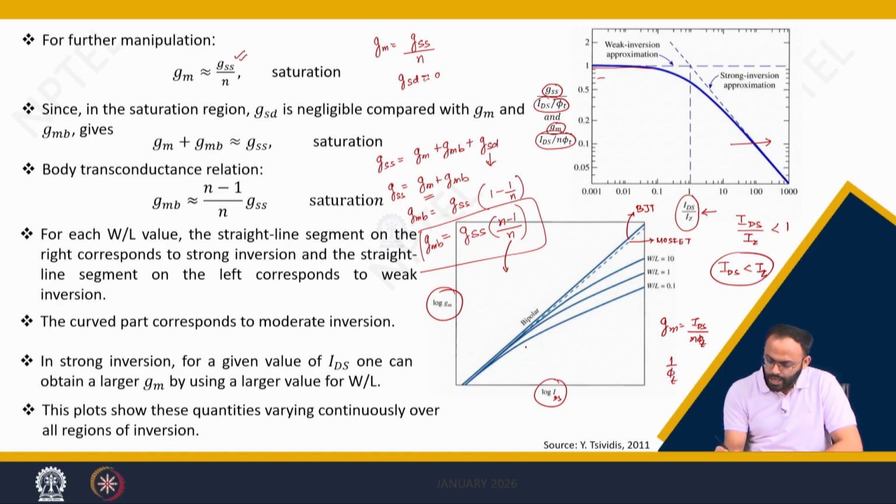These few lines are with varying W by L ratio. This region of operation is weak inversion and this region is strong inversion, where we have seen that GM changes with respect to W by L in strong inversion. From an analog design perspective, it is good to have a different GM based on different W by L, whereas it will not change in the weak inversion region.